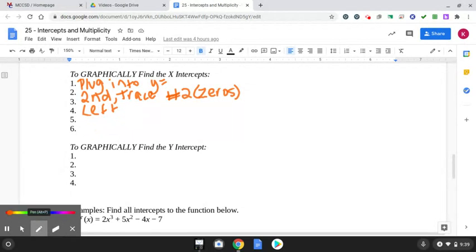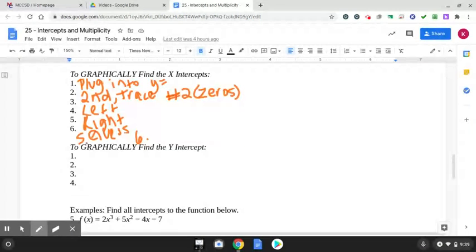And then your last step, just like before, step 6, is going to be to write it as a point, as a coordinate.